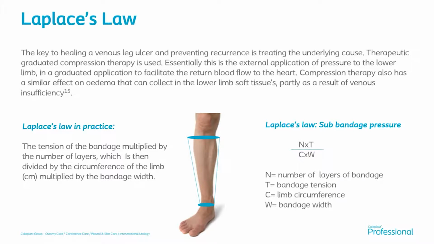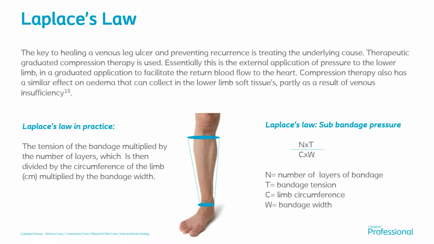So you can see Laplace's law in practice. There's a diagram here which shows the smaller ankle circumference and that slightly larger circumference below the knee, and we've got that perfect return shape.